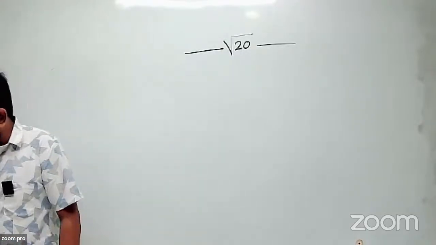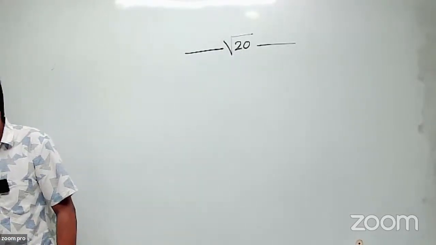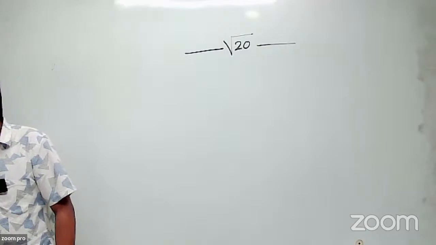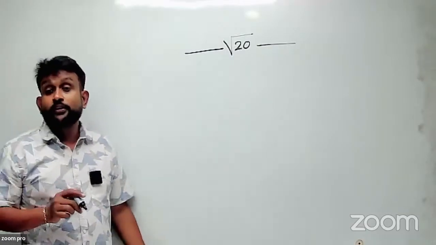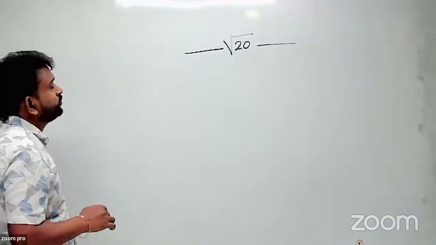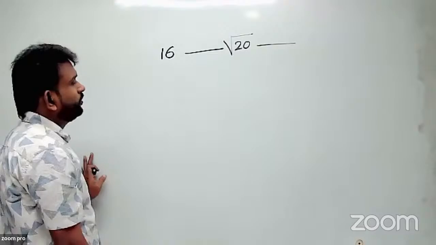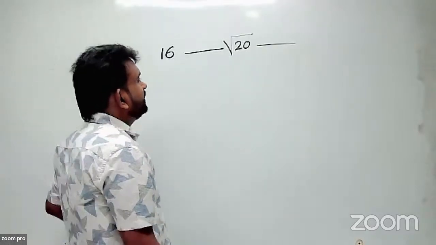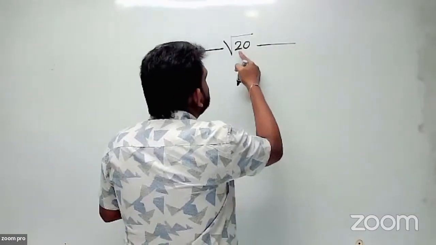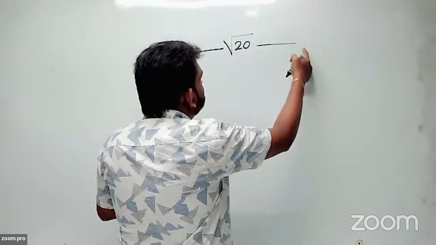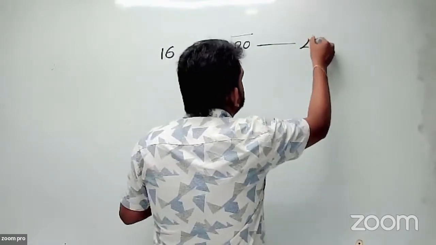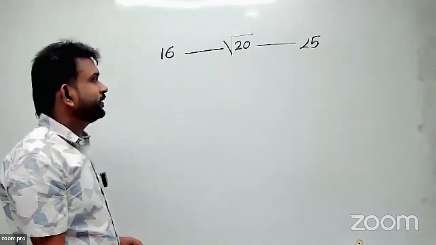So they are asking, what are the two perfect squares the value of root 20 is in? We have 16, and then after 20, the perfect square is 25.